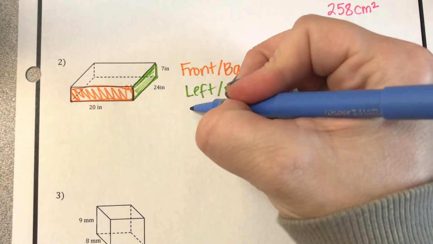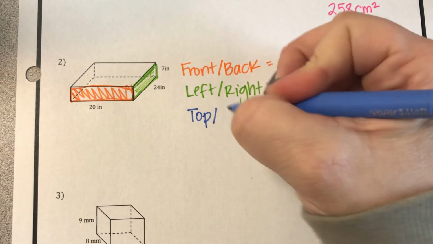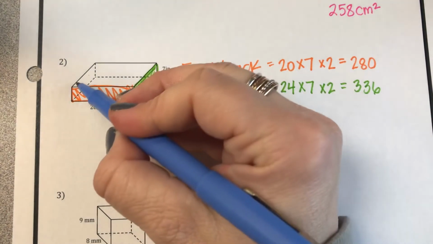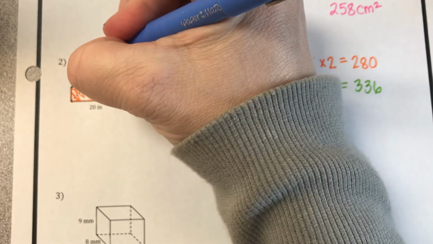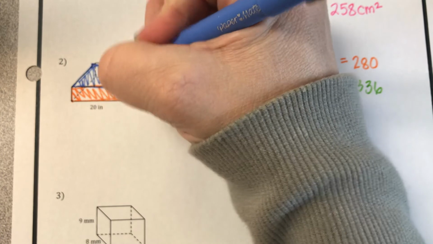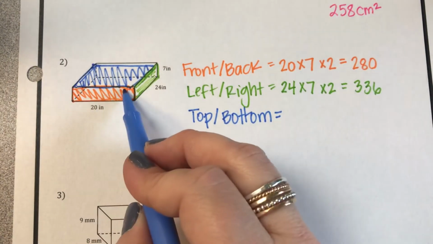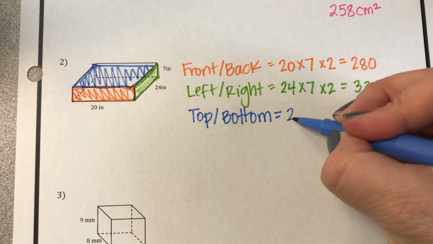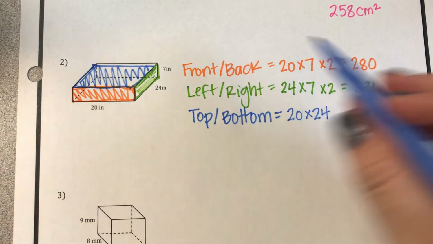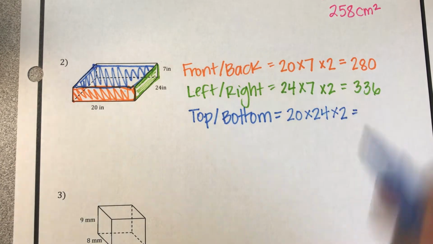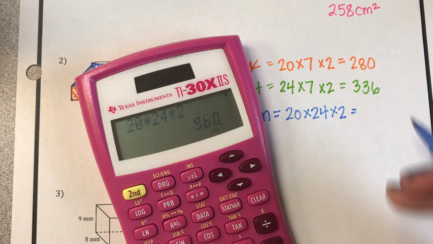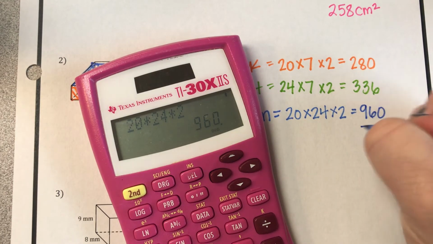And then the thing I'm left with is the top of my box and the bottom. So that's this part. Okay, which is 20 across, 24 wide. So 20 by 24, and that would be the top, but then I have the bottom as well, so times 2. So on my calculator, 20 times 24 times 2 is 960.